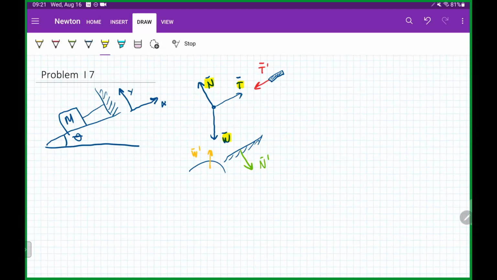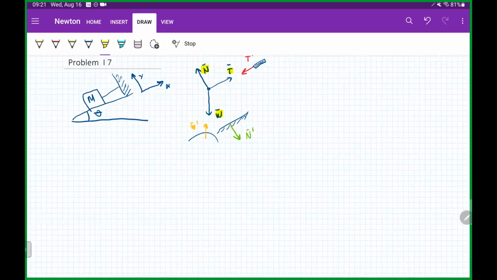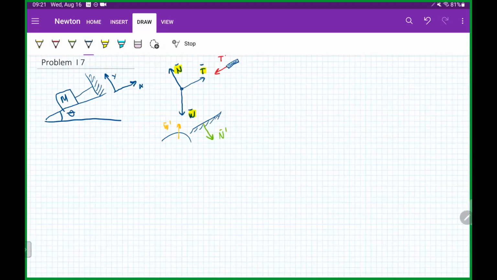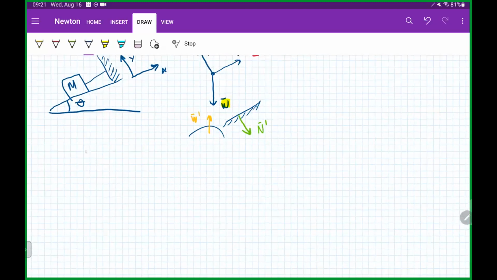All right, so let's take a look at the equations that we get from this situation. Let me draw the system of reference bigger. So you have X, Y, and then we can draw the forces that are here.